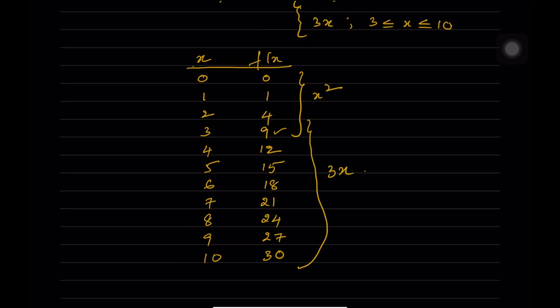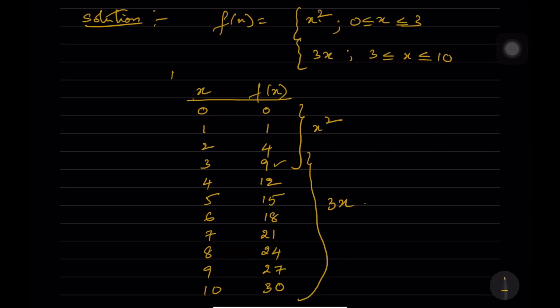So you can see that all the x values are not repeated, and each has a unique image in f of x. Therefore this is said to be a function. The y values are the range, so domain and range.